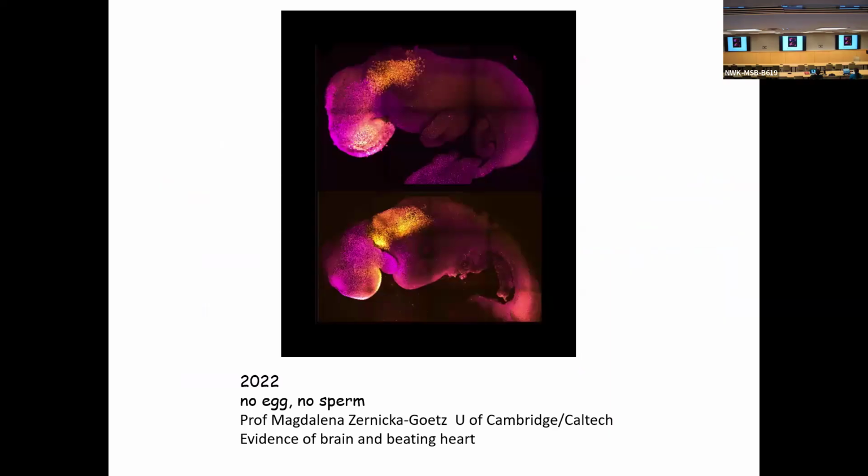All right, last one is the synthetic embryo. So you see two embryos here, right? And you're wondering, what does this have to do with the stem cell lecture? This is a developmental lecture, but I put it on purpose here because this embryo at the bottom has been made with embryonic stem cells.